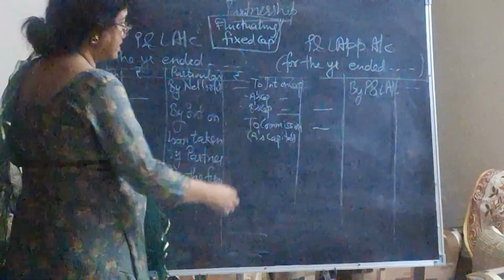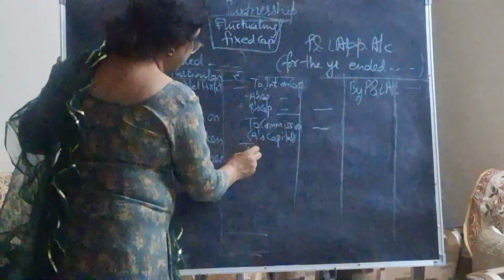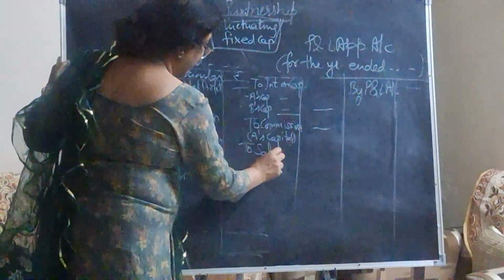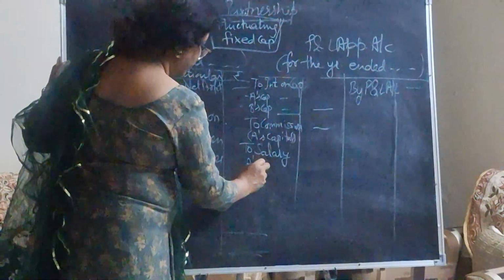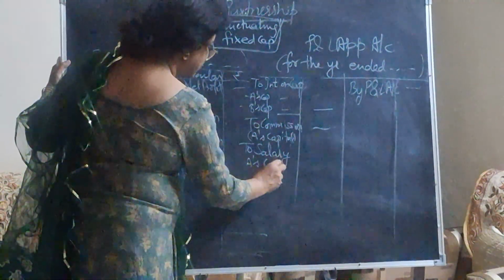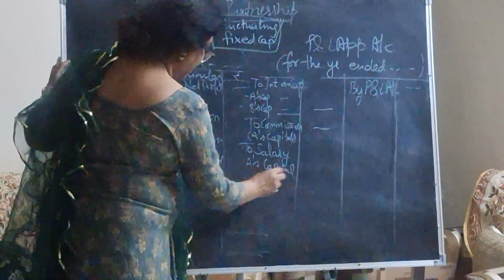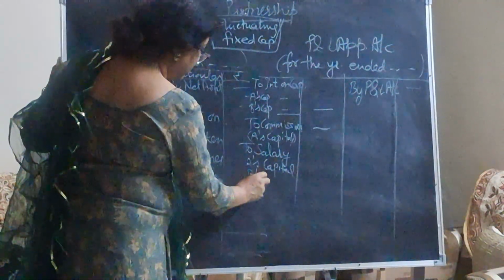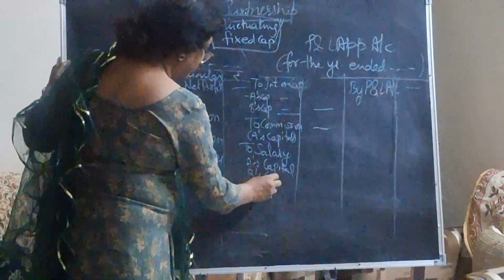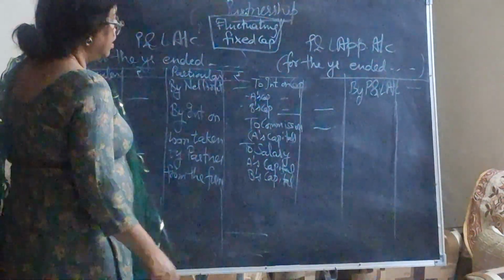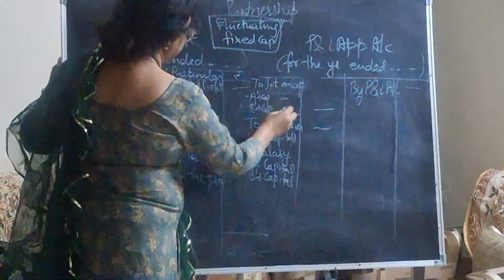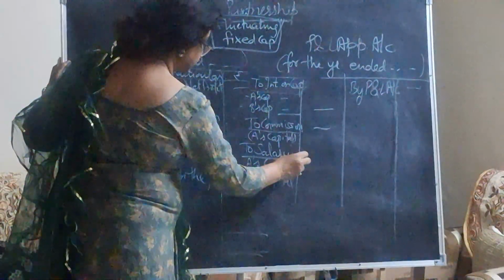Now the next item is salary. If it is given to both partners, we'll write A's capital and B's capital. If it is given only to one partner, let's suppose B, we'll write only to B's capital. Now interest on capital, commission and salary are done.